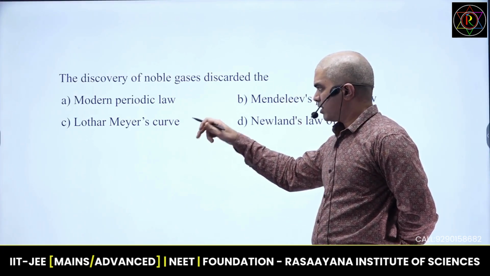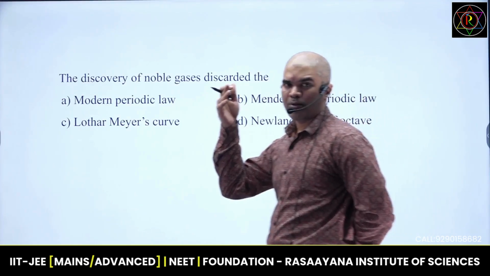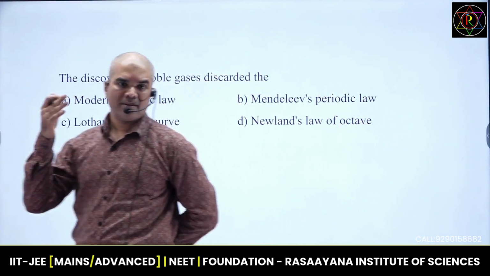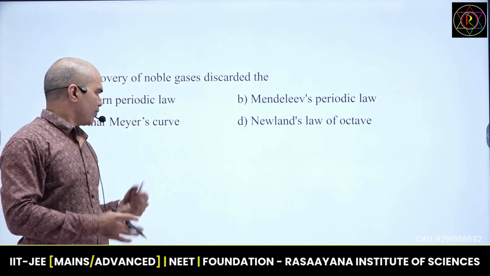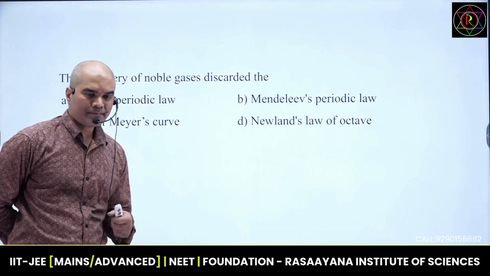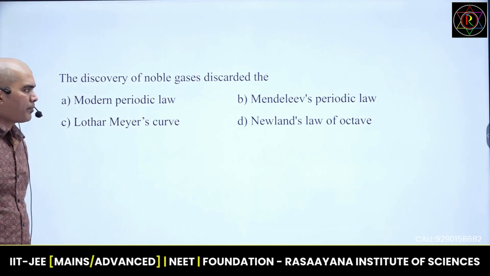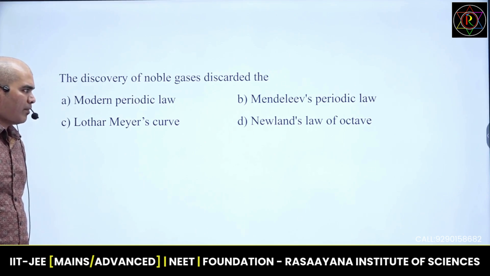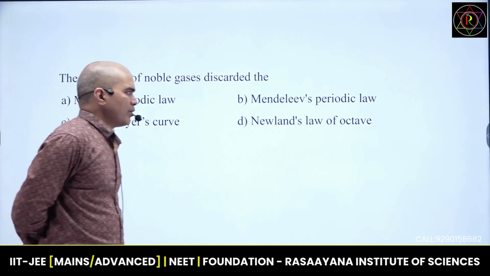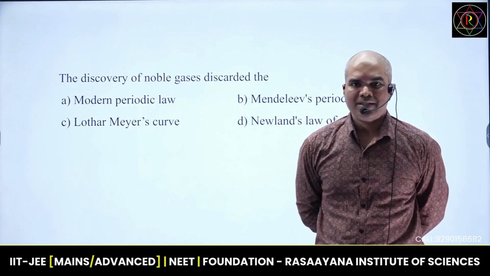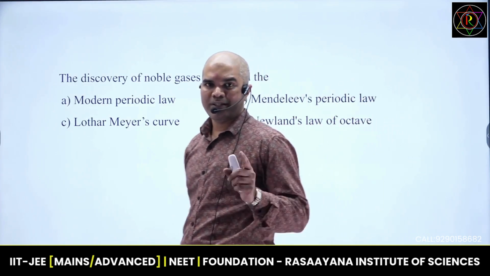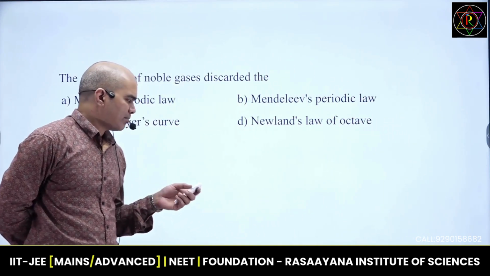Lothar Meyer's curves are the comparison between atomic volume and atomic masses. And Newland's law of octaves. So which one should I consider? In the explanation I have given you, Newland's law of octaves, if at all inert gases were there, then it can completely be discarded. So the option will go with law of octaves. Simple.